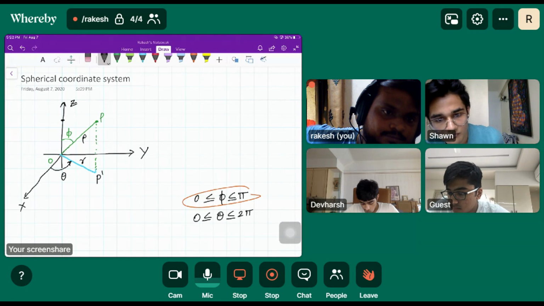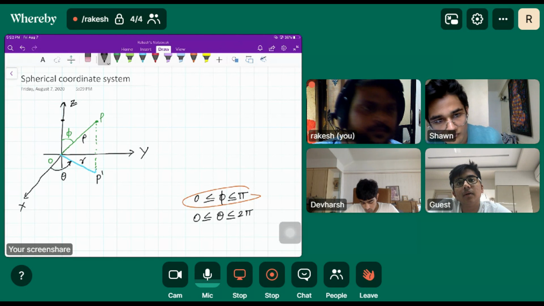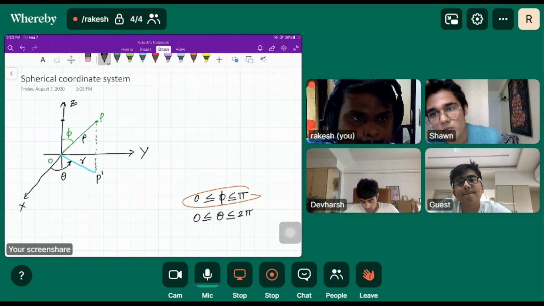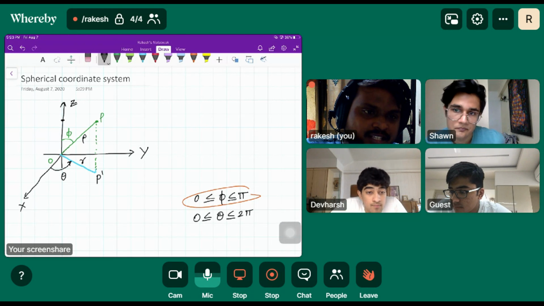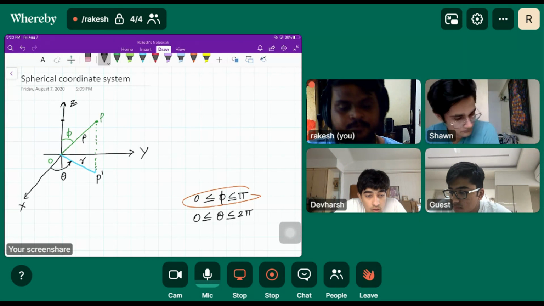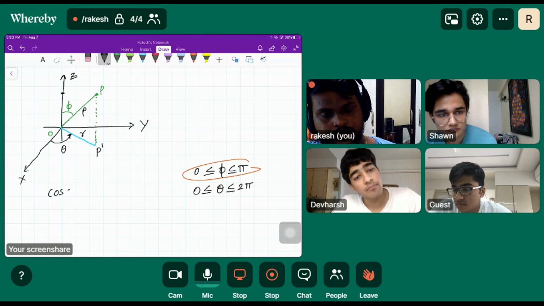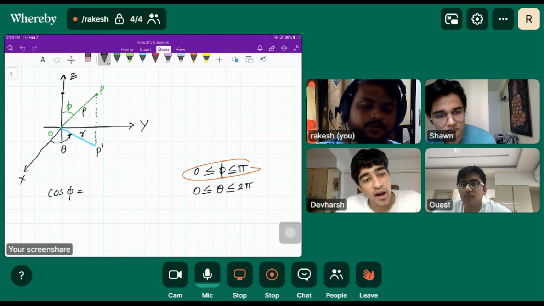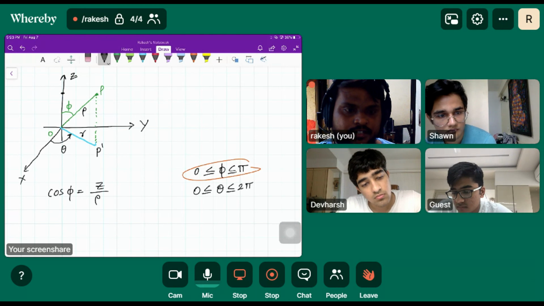Can you find that out? It's cos phi. Cos phi is equal to the projection of OP on Z upon rho, right?